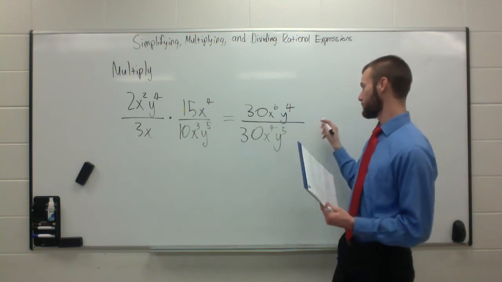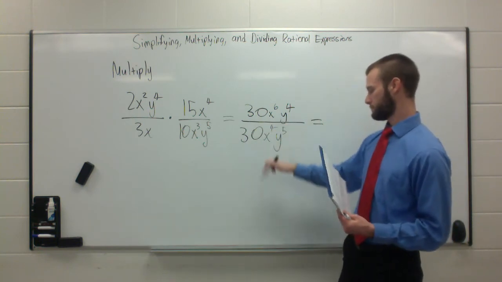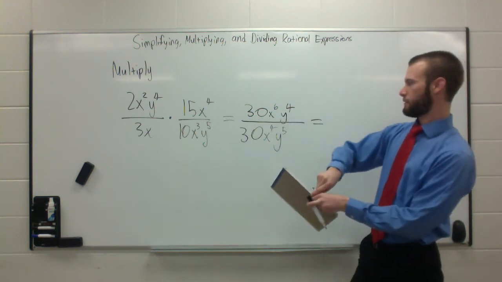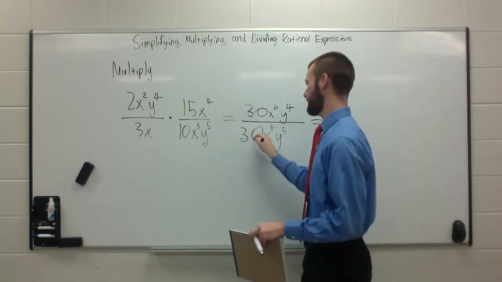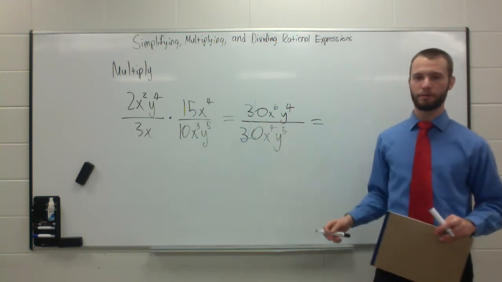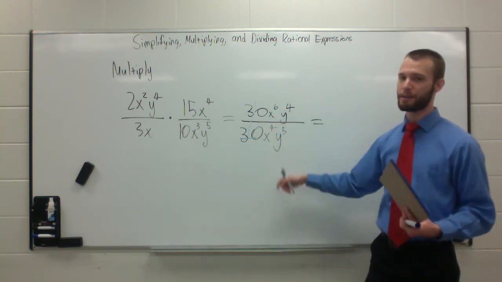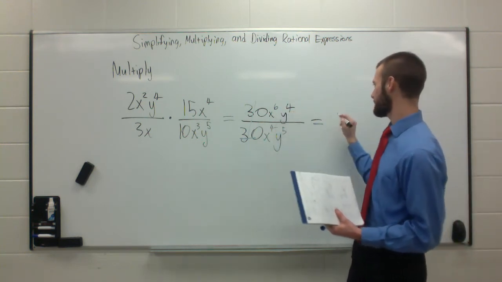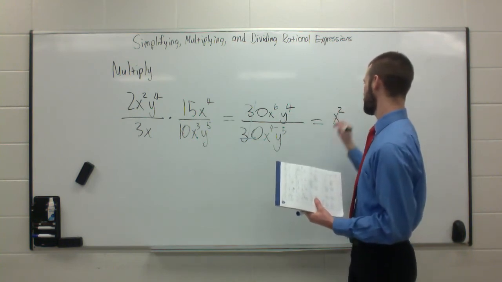30 divided by 30 is 1, so this just cancels out. X to the sixth over x to the fourth: if you have the same base and you're dividing, you subtract the exponents. So that gives us x squared.